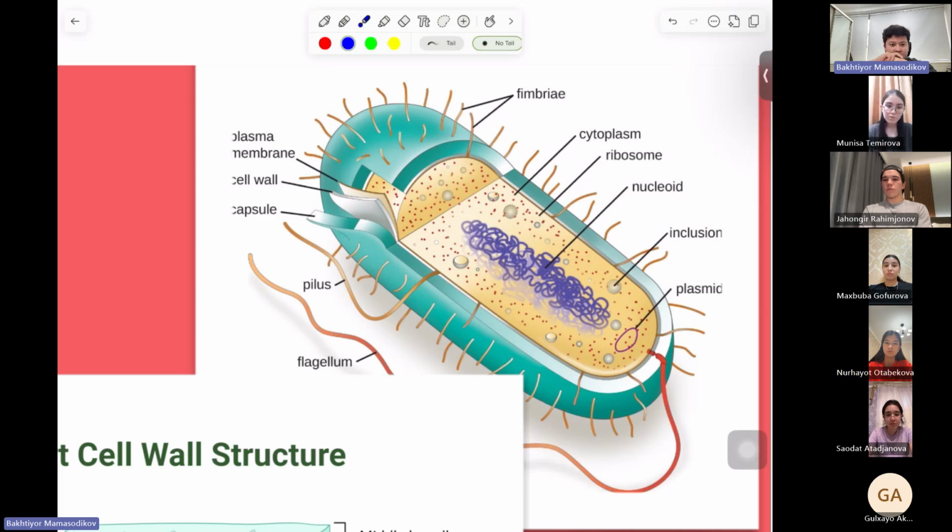Ions. Yes. They also maintain the shape of the cell, I mean the structure. Yes, Jahangir, what do you think? Good. And maybe to hold everything so it will not move.